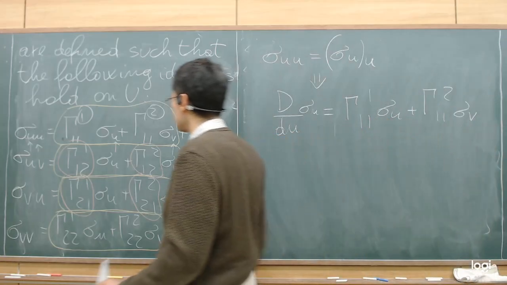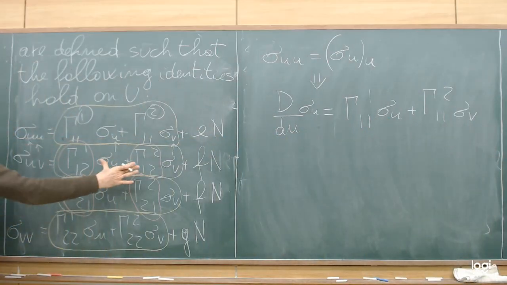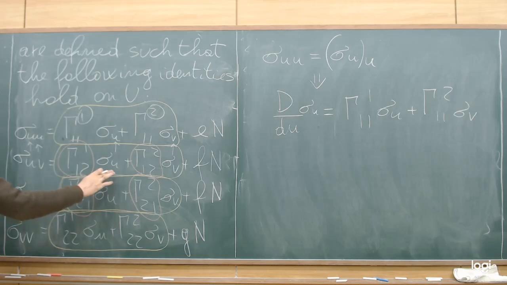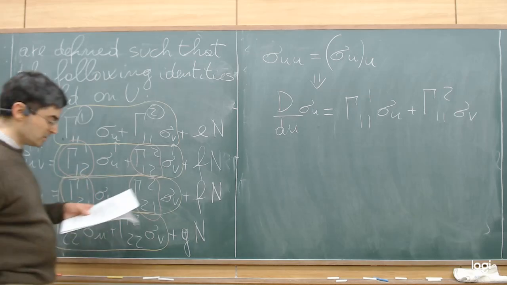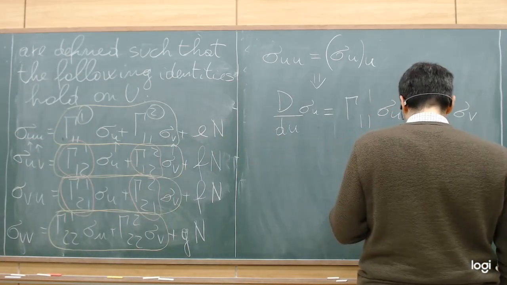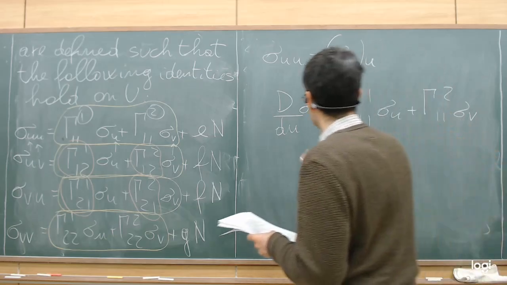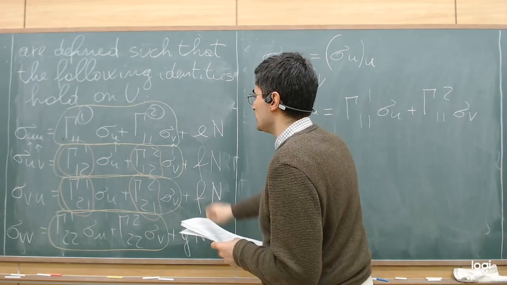Similarly, the tangential part of sigma uv is the covariant derivative of sigma u with respect to v.